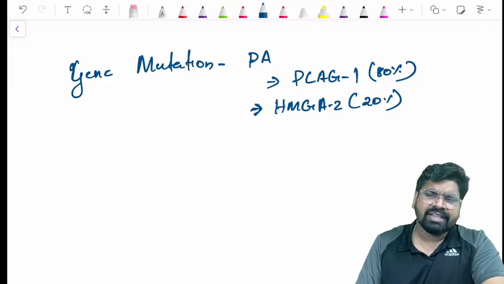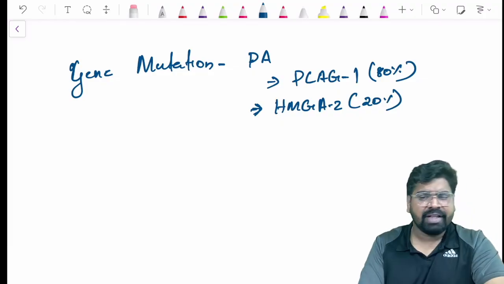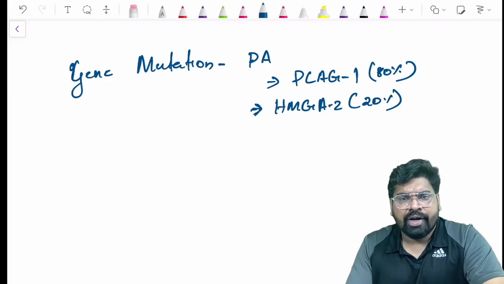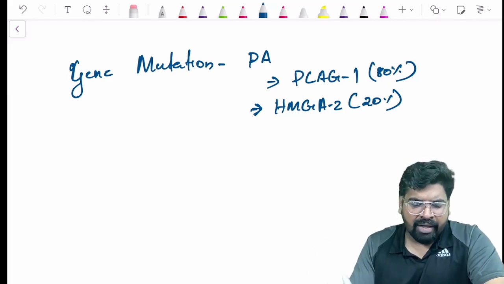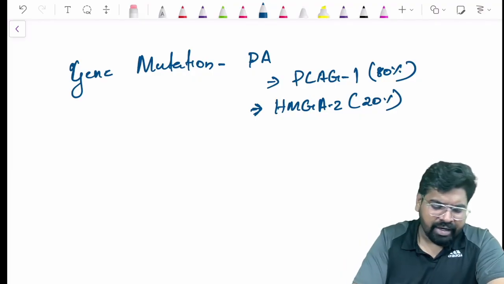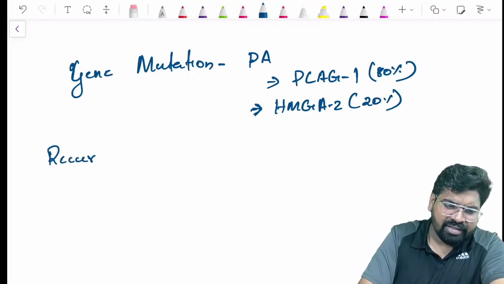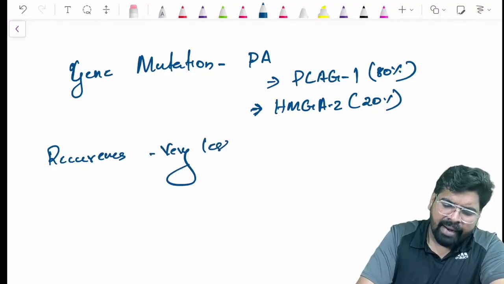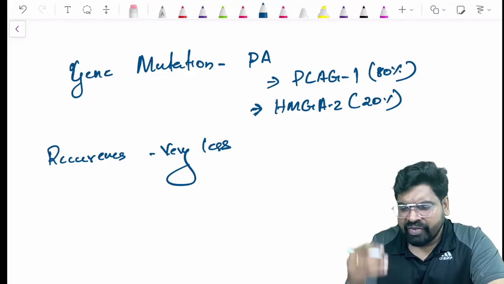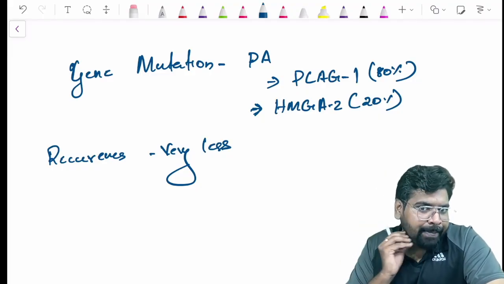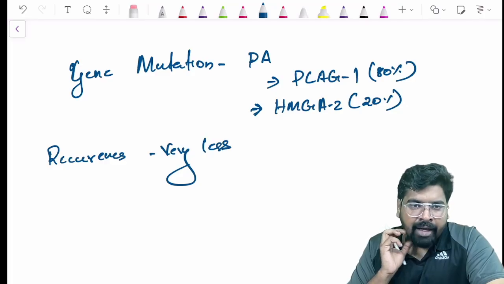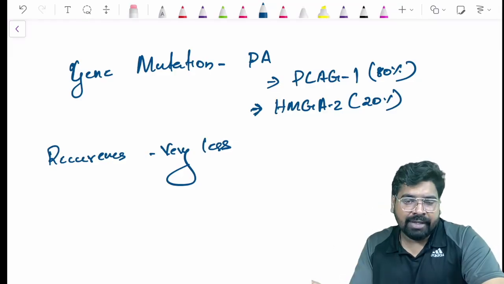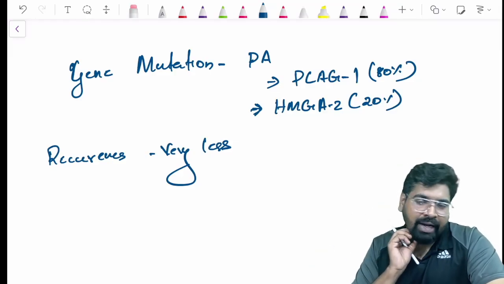Now there are certain questions in the previous question papers. What about the recurrence of pleomorphic adenoma? Pleomorphic adenoma usually does not recur. Recurrence is very low, but they had a statement: imagine a pleomorphic adenoma in the parotid in one person, and in another person a pleomorphic adenoma in the submandibular gland.